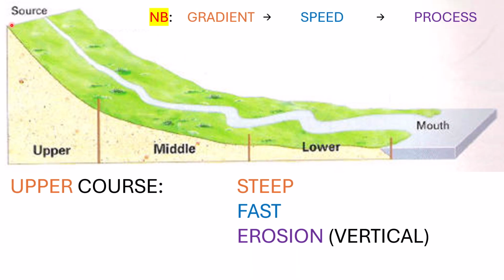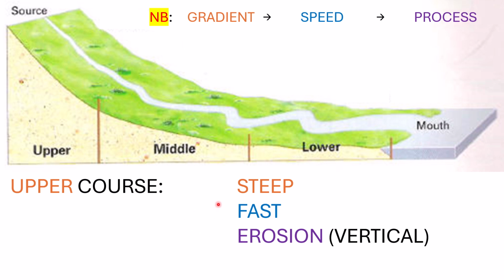When looking at the diagram, you should notice that as the river flows from the upper through the middle course to the lower course, the gradient or the slope of the land over which the river flows changes. In the upper course, the gradient can be described as steep or very steep. Because of the steep gradient, the river flows fast, and this fast flowing river creates erosion, specifically vertical erosion.